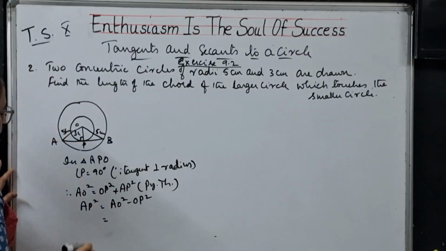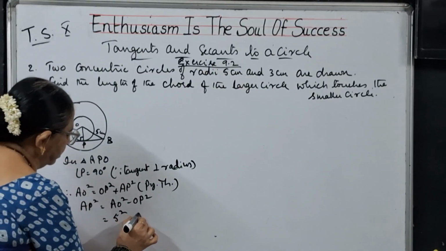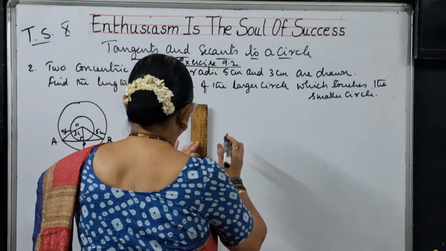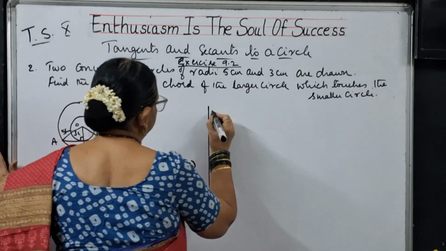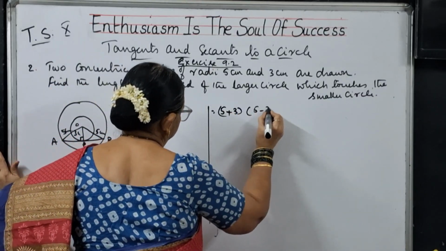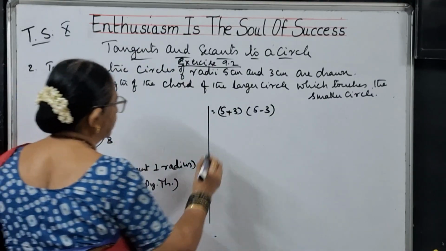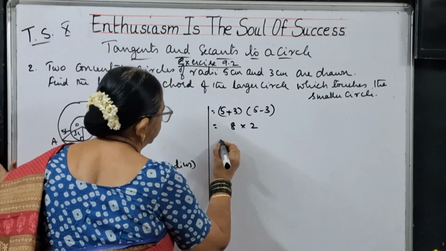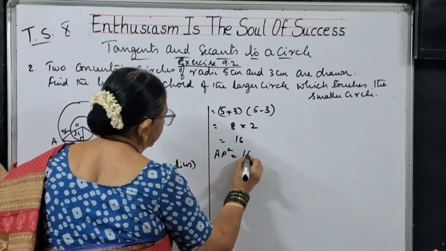AO square is 5 square minus OP square is 3 square. 5 square minus 3 square can be written as (5 plus 3) into (5 minus 3). a plus b into a minus b, a square minus b square, that is 8 into 2, 16. So AP square is equal to 16.